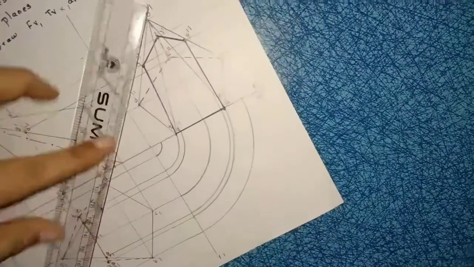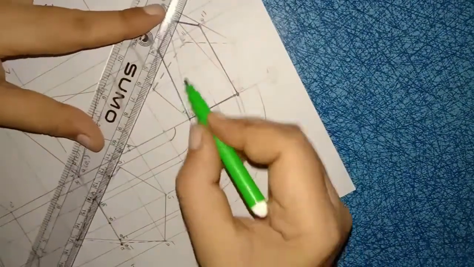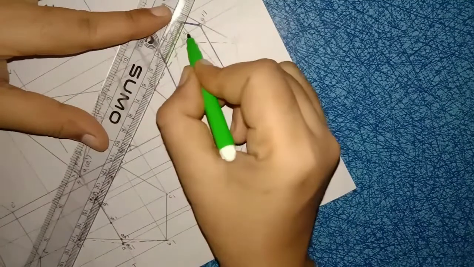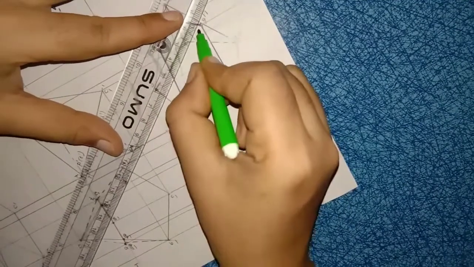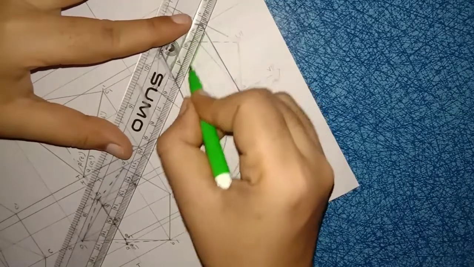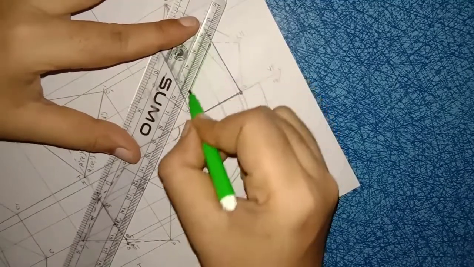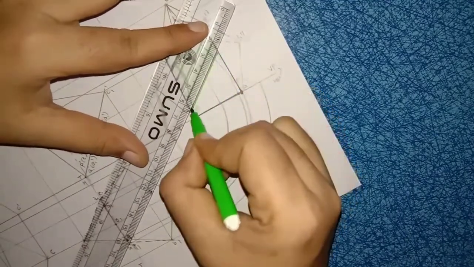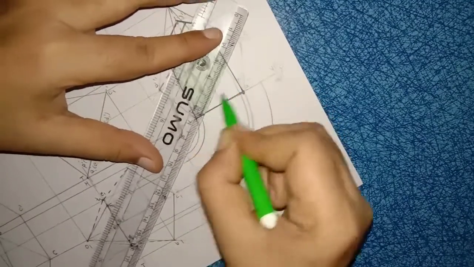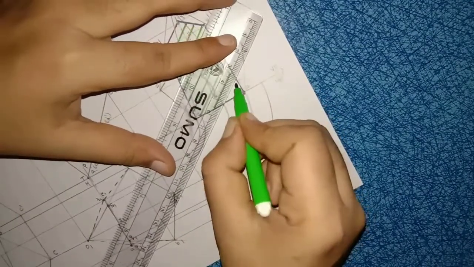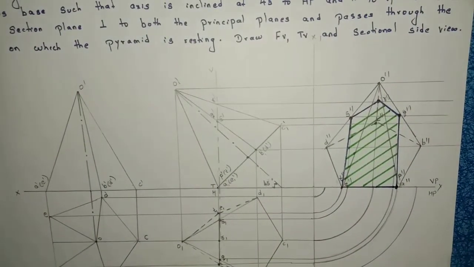We have to represent this sectional side view with the help of hatching lines. Right, so this is your problem.